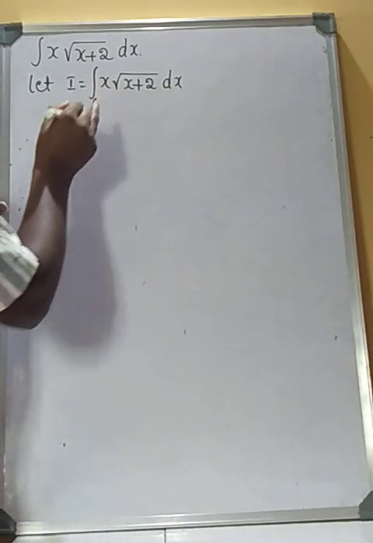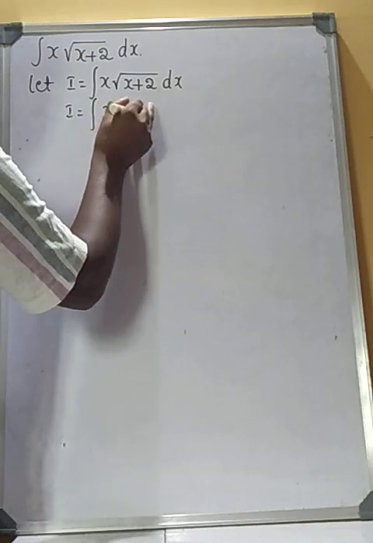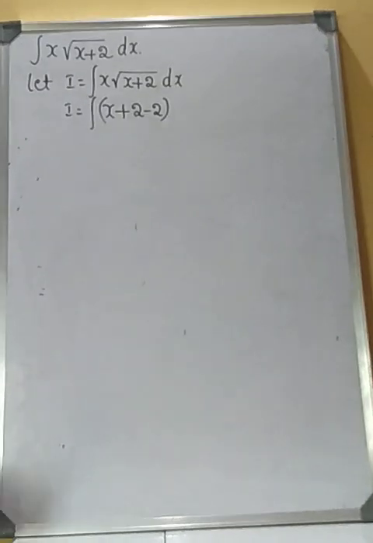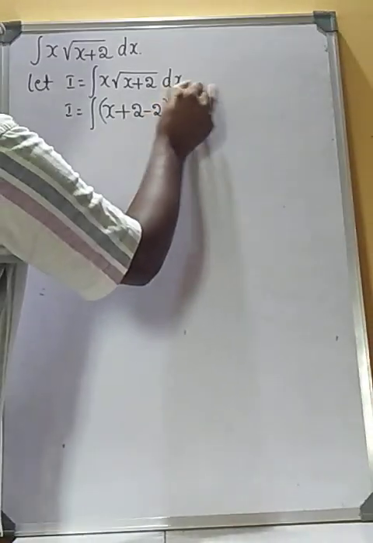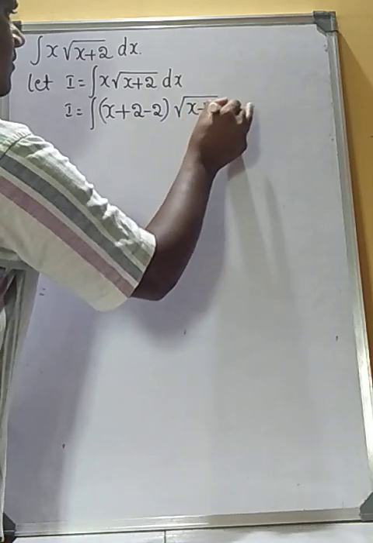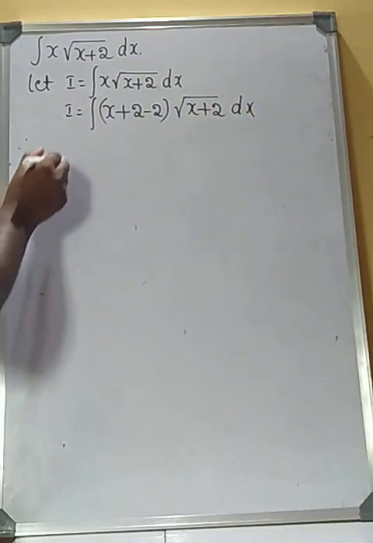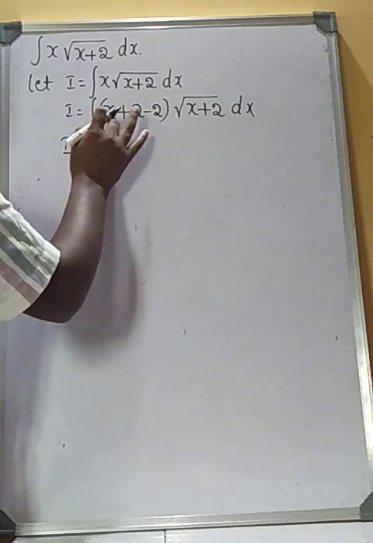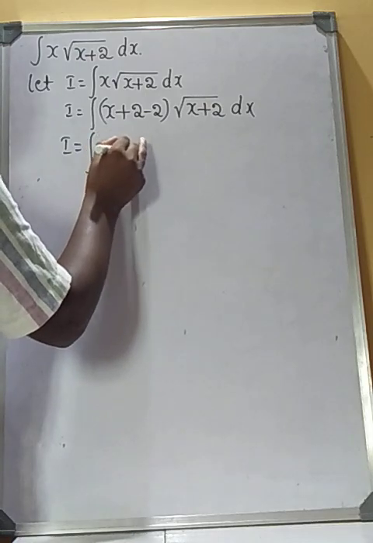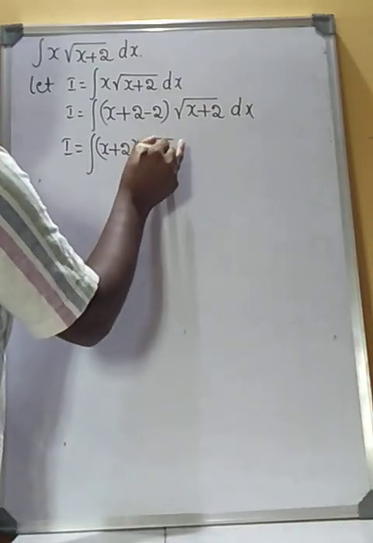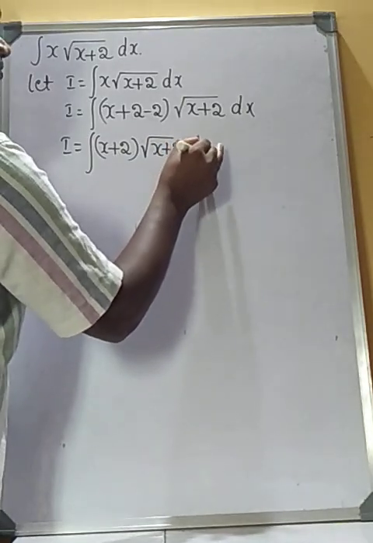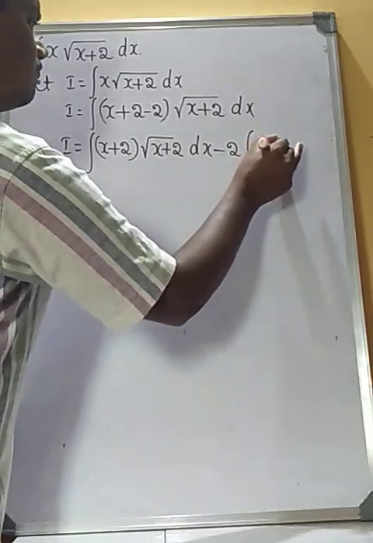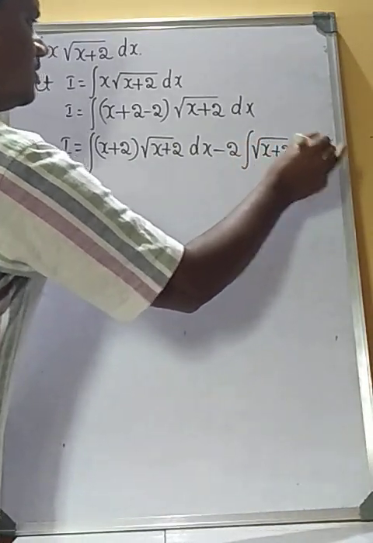Therefore, I is equal to x, adding and subtracting 2, into root of x plus 2 into dx. Therefore, I is equal to the integral of x plus 2 into root of x plus 2 into dx minus 2 into root of x plus 2 into dx.